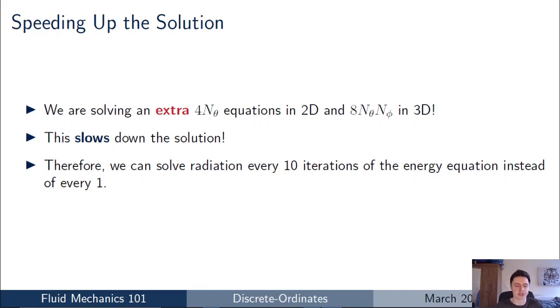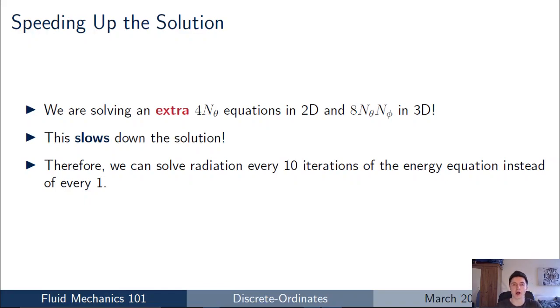So what you may have noticed up until now is that with the discrete ordinates radiation model, we have to solve a lot of extra equations. If we had 8 beam directions, we'd have to solve 8 additional transport equations. And in CFD, we're already solving a lot of equations.